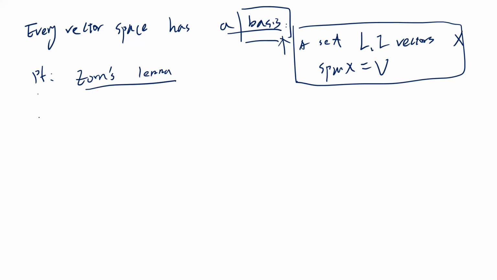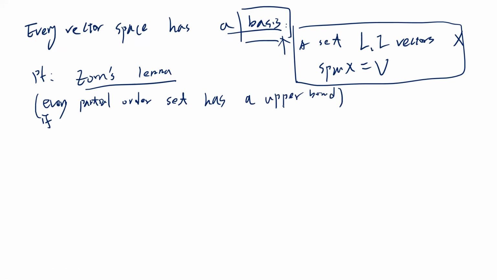Zorn's lemma tells you that if every chain in a partially ordered set, basically a set endowed with a partial order, has an upper bound, then there is a maximal element.